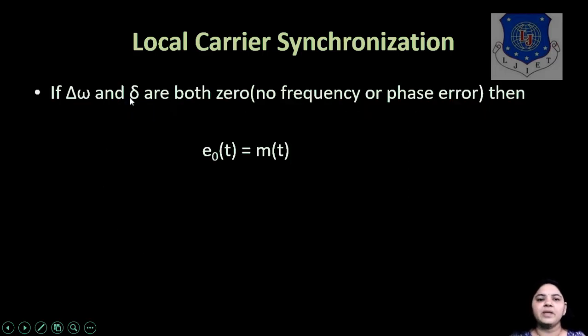If there is no frequency error and no phase error, we can put delta omega and delta both equal to 0, so e0(t) is equal to m(t).